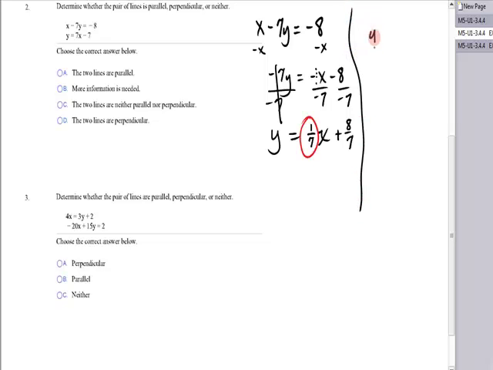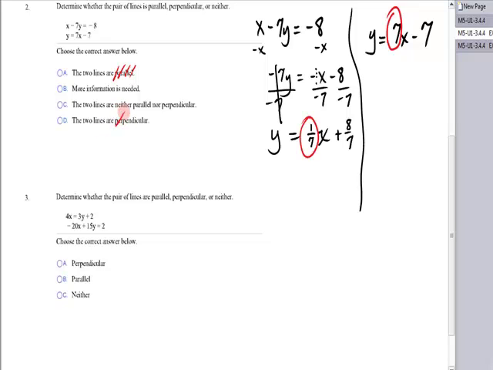Second line, y is equal to 7x minus 7. Well, that's already in the right format. There's its slope. Those are reciprocals, but they're not opposites. So they are not parallel because they're not the same.